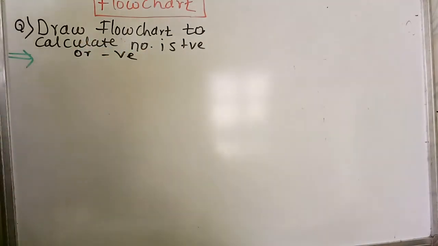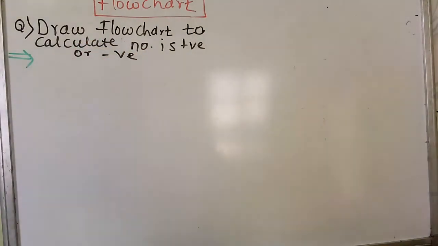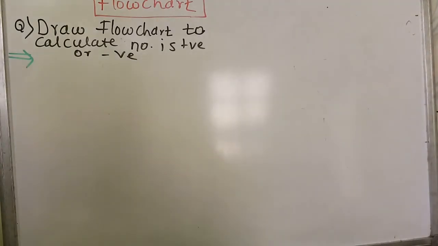For that we will start thinking from the point that we have to accept one number from the user, then check it with 0. If it is less than 0, it is a negative number. If it is greater than 0, it will be a positive number.